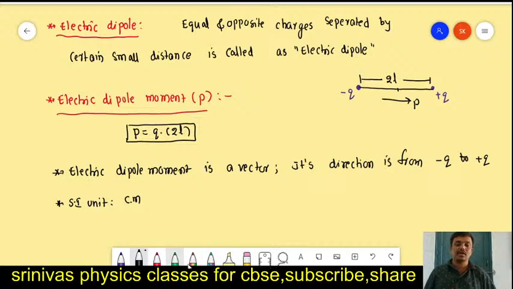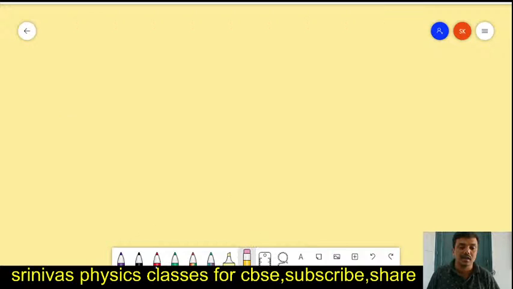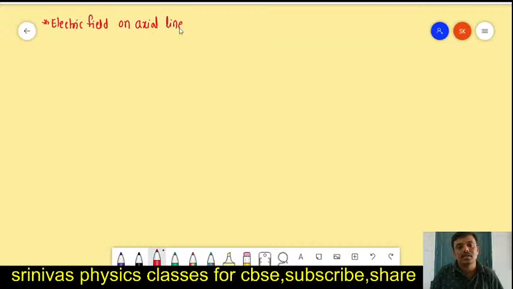The next important topic I am going to explain is how to find the electric field on the axial and equatorial line of a dipole. First, the electric field on the axial line of an electric dipole.